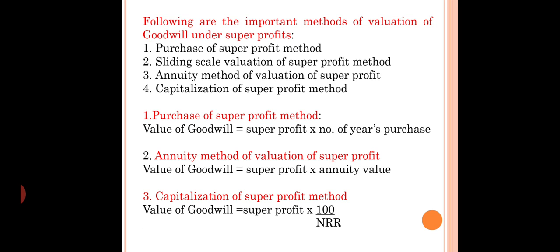Then the third one is the capitalization of super profit method. Under this method, the value of goodwill of the business is ascertained by capitalizing the amount of super profit. For calculation of the value of goodwill, the super profit is capitalized by considering the normal rate of return. This method is used to find out how much capital is needed for earning the super profit.